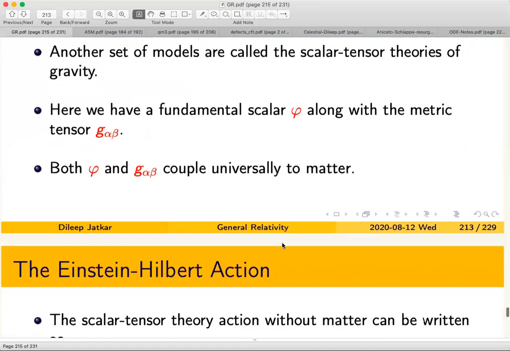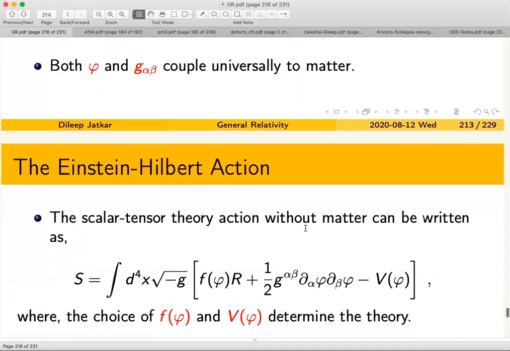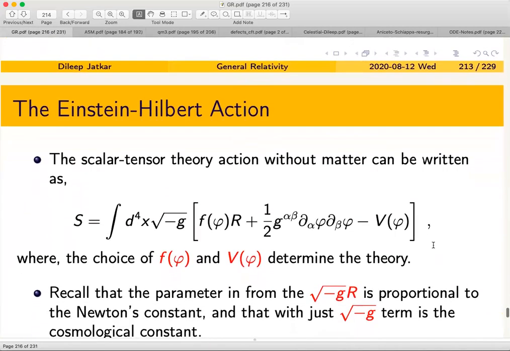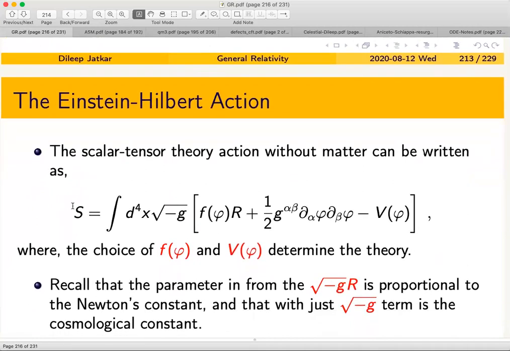Okay, fine. So let's first look at the vacuum action of the scalar tensor theory, and that action is typically written like this. You have S equals integral d4x root g, which is the covariant volume element, and then you have some function of phi multiplying the Ricci scalar, plus the kinetic term of phi, minus V of phi. Clearly you can see that it is not a single theory, because depending upon what function you choose here and what potential you choose here, you have different theories.